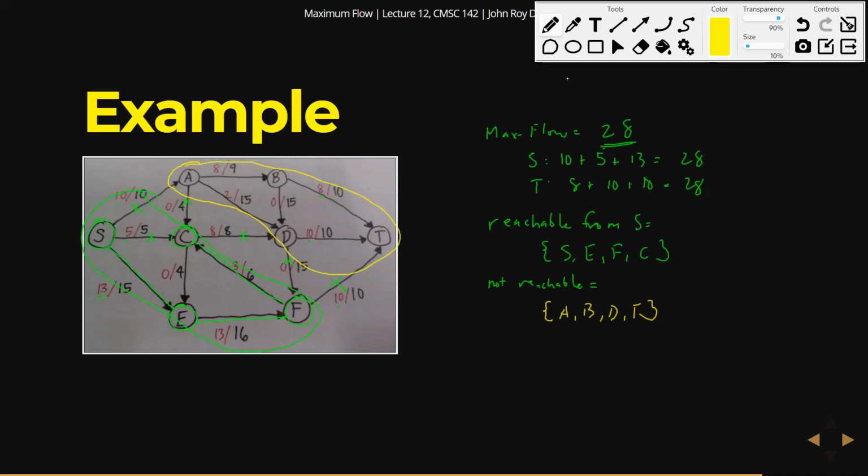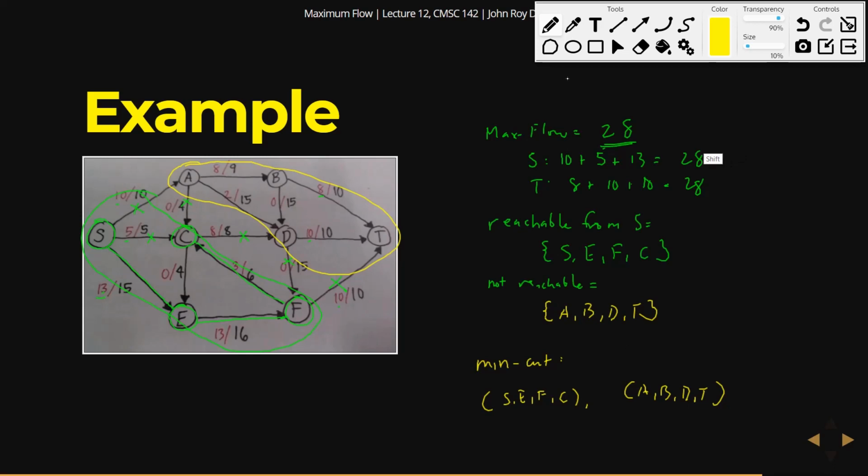So now this is already our cut. So the min cut is the two partitions S, E, F, C and A, B, D, T. So that is the minimum cut.